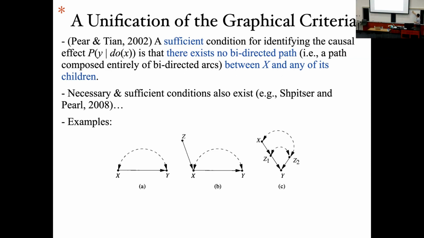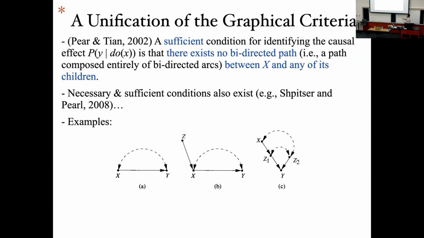If you don't want to include this variable, then you can have this arc. It's bidirected, right? It just means that here I have a latent confounder. I don't measure it, that's why I don't want to draw this variable here, but there is some variable causally influencing both X and Z. This is what we mean by a bidirected arc or bidirected link.